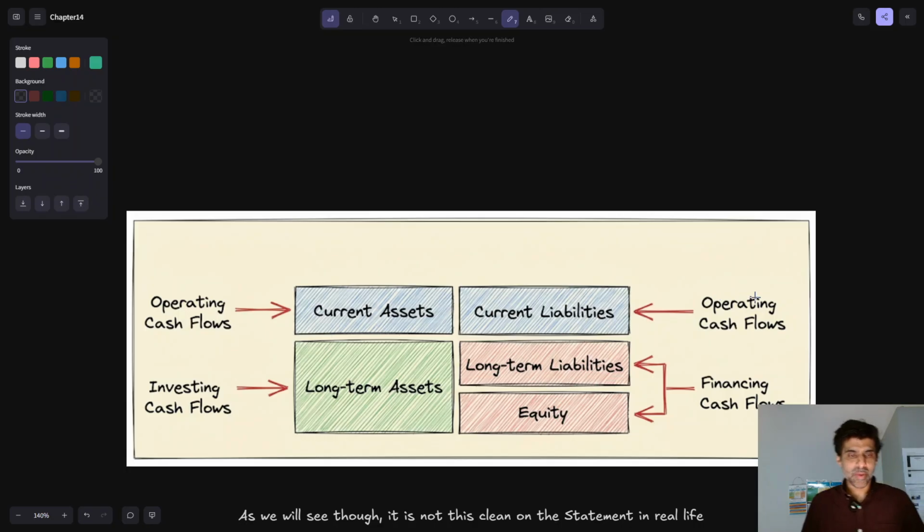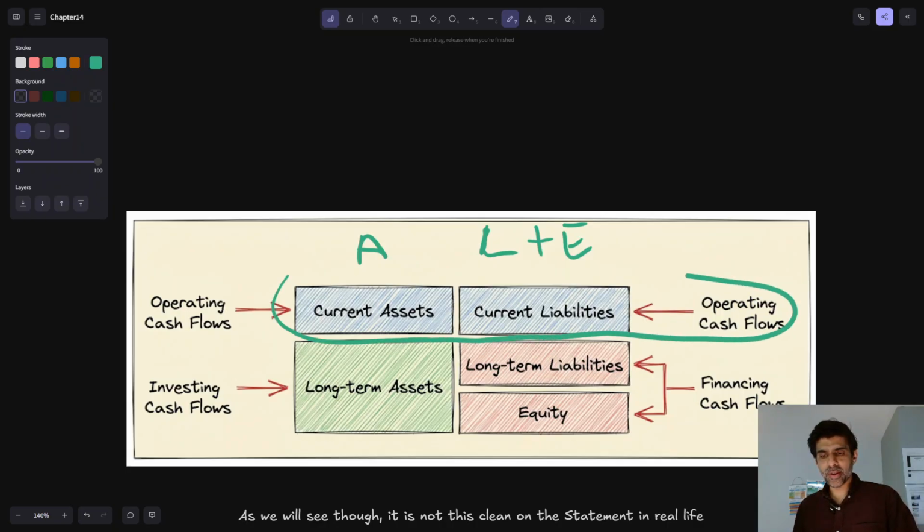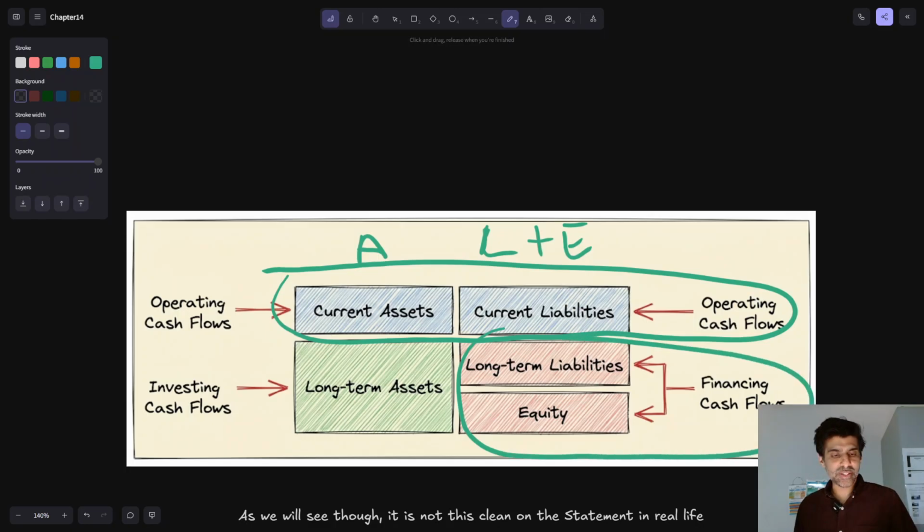So another way to think about this is looking at the balance sheet. You can see here, this is our assets on this side, and this is liabilities plus equity. The blue here is all going to be in the operating section. Current assets, current liabilities, that's all changing in the normal course of the business, and is going to be captured in operating. Long-term liabilities and equity are going to be in the financing section, and investing is going to be long-term assets.